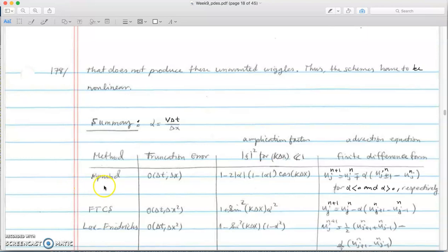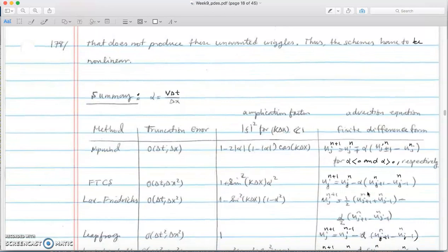So we talked about upwind, which is first order in time, first order in space. This is the condition we got for the amplitude of c, and for this to be less than 1, we have to require this to be less than 1, and we got the condition in this table.